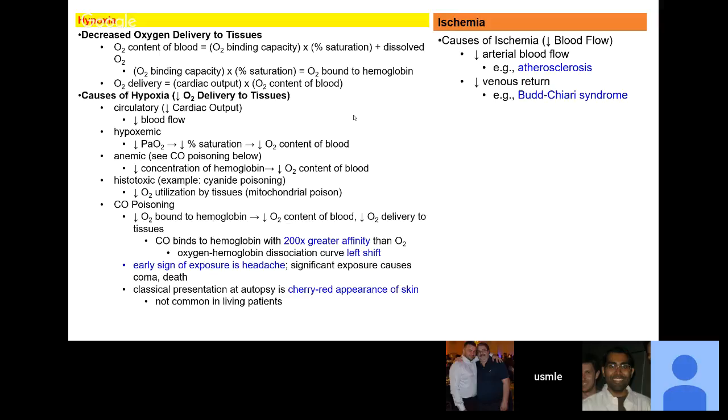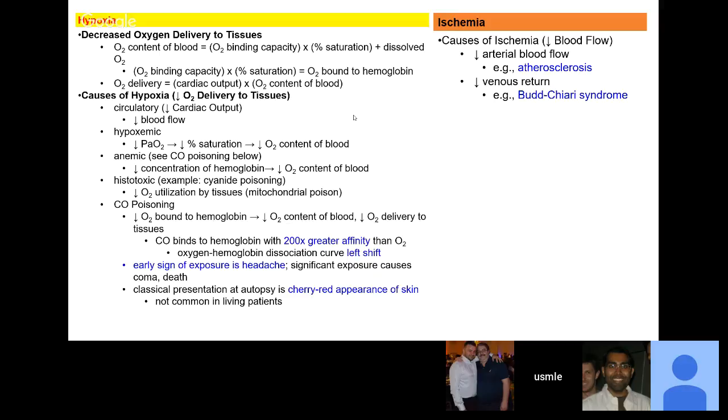CO poisoning, this is common, like I said, during the winter time you're going to see a lot of these cases, and that is just the CO taking the place of oxygen. They are competitive with each other. So the oxygen delivery will decrease, and oxygen content in the blood is going to decrease. And this value, this one on the left in blue, has been questioned.